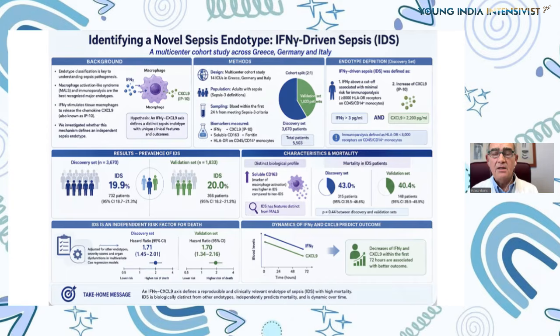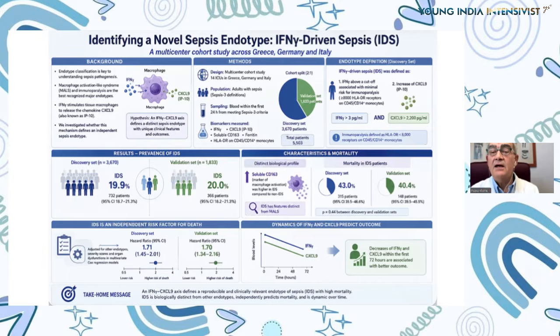This population was split in two cohorts, a discovery set and a validation set. And the interferon-driven sepsis was identified through the association of increased ferritin, or the increase of HLA-DR receptors, and the ratio between CD45 and CD14.